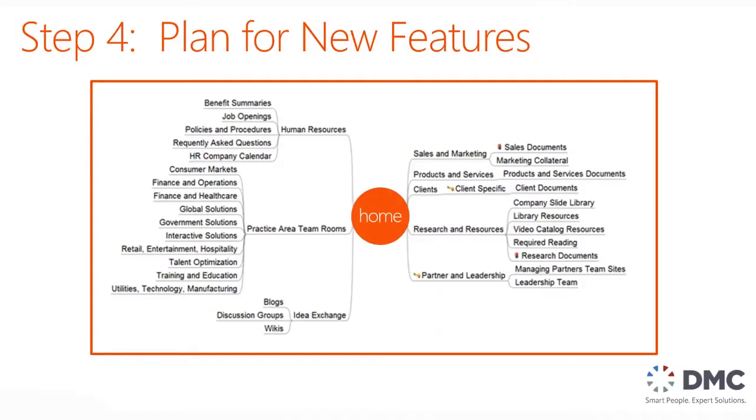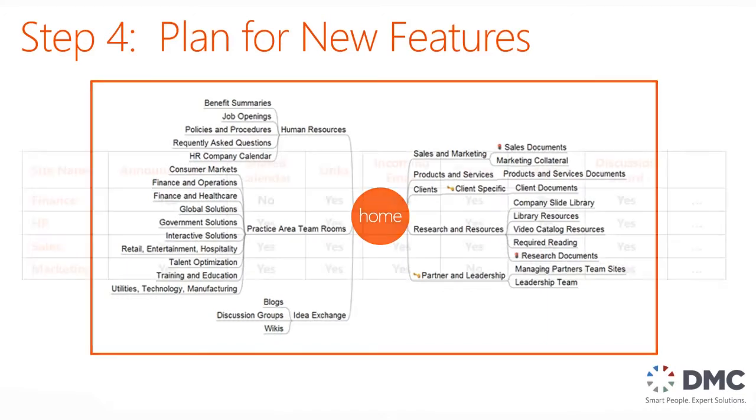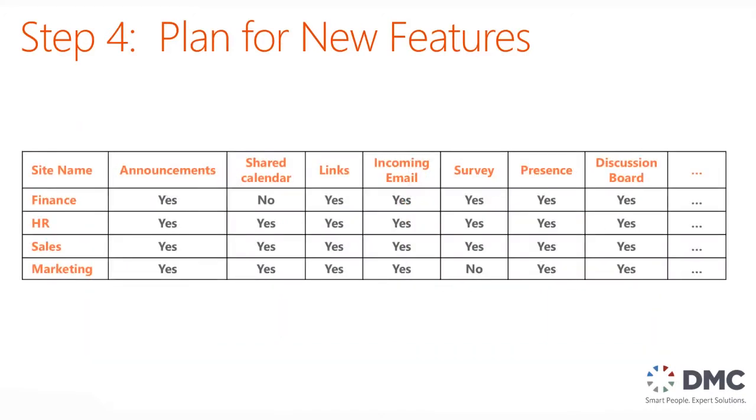Fourth step is to plan out some of the advanced features of your Office 365 platform. Usually, if you're going to have SharePoint Online as one of your components, you need to plan out the site taxonomy. How is the site content going to be organized? How are you going to navigate between the different sites within your intranet, as well as any project sites that you set up? Within each of those project sites and department sites, you need to pick the specific SharePoint features that you're going to utilize within those sites.